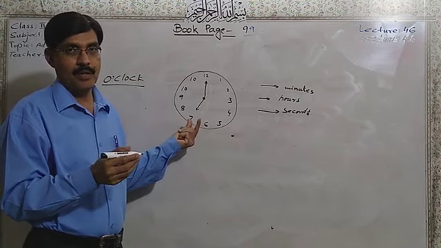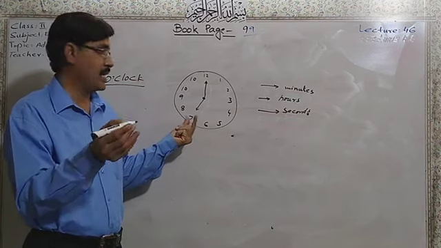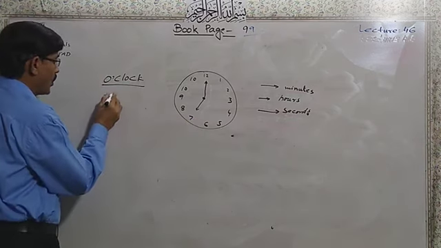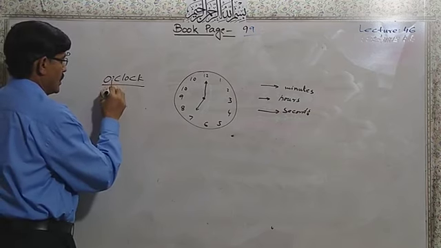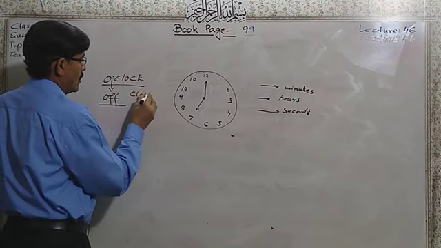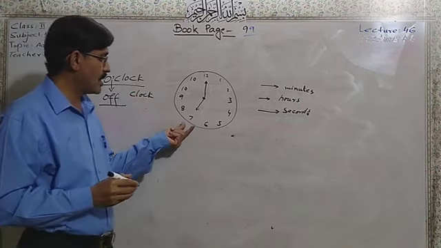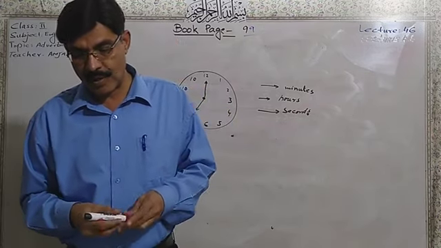No minute, no quarter past like this one, no two, no by. O'clock means off clock. When it's totally struck 7, Uzma wakes up at 7 o'clock every morning.